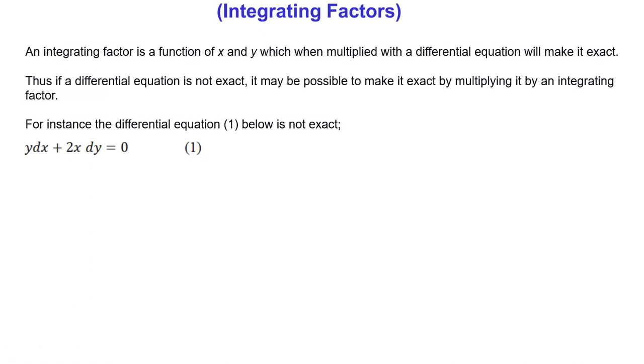So if a differential equation is not exact, it may be possible to make it exact by multiplying it by an integrating factor. For instance, when you have this question here and you test whether the differential equation is exact or not, you discover it's not exact. How do I know? We know this function here is M, and this function here is N. When we find the partial derivative of M with respect to y, you just get 1, and when you find the partial derivative of N with respect to x, the answer will just be a constant 2.